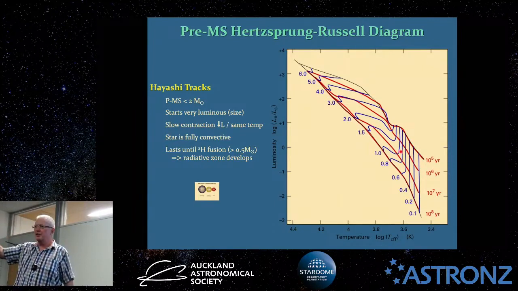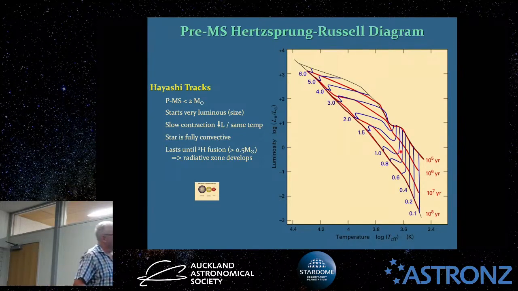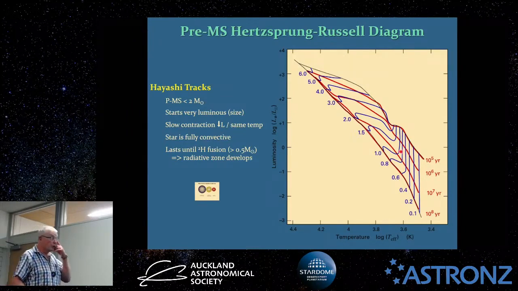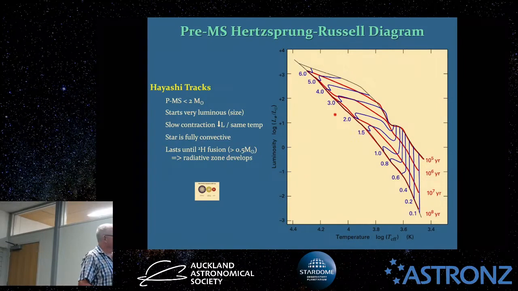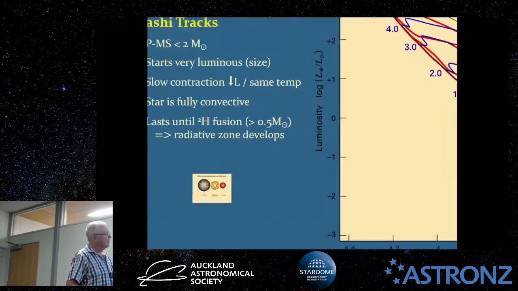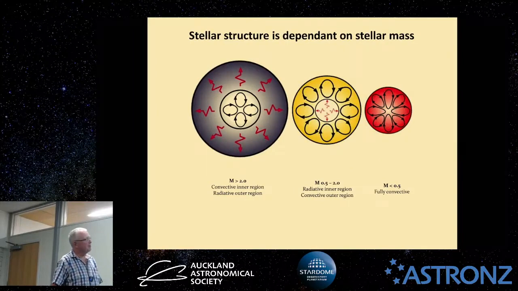There's no radiation. Its interior is just churning over and over again. So you can see the smaller the mass, the longer it spends on a Hayashi track. And that stays fully convective, usually until some deuterium fusion kicks in. That raises the heat even more, and that's when you start getting some radiative zones kicking in, and you start getting the horizontal tracks.